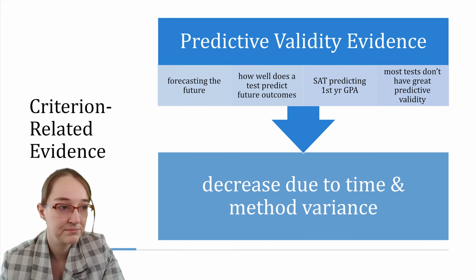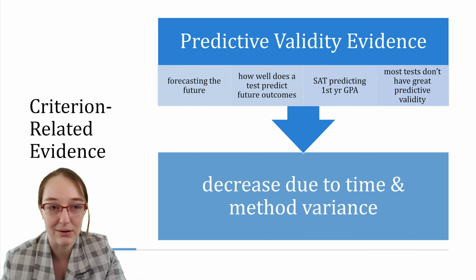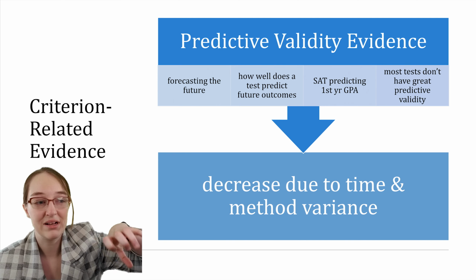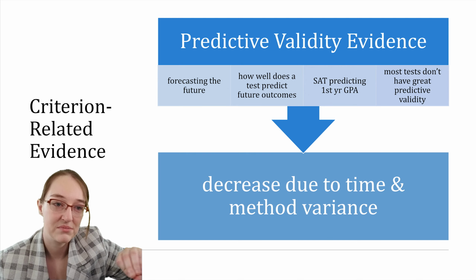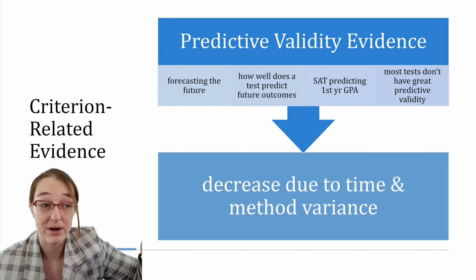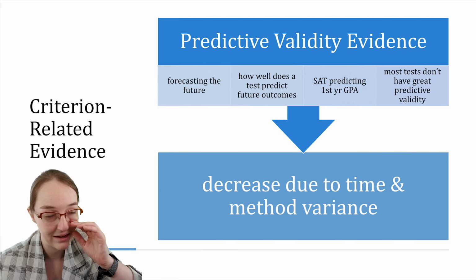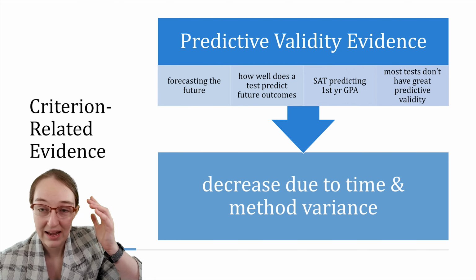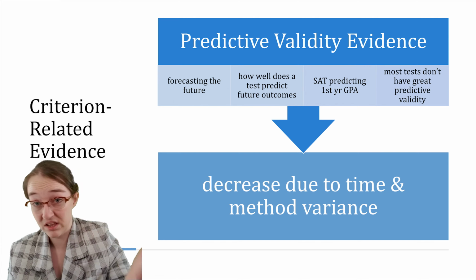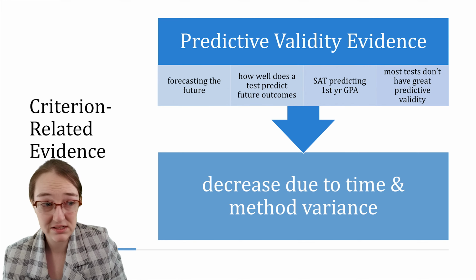So let's talk a little about predictive validity evidence. Again, it's about forecasting the future and how well that test predicts future outcomes. Most tests don't have great predictive validity. For example, the SAT predicting first-year GPA. And that's because of a lot of things. One, no measure is perfect.